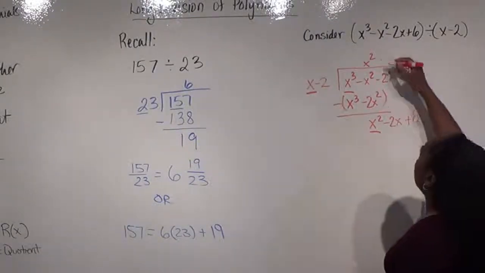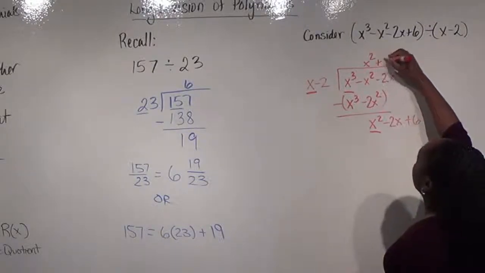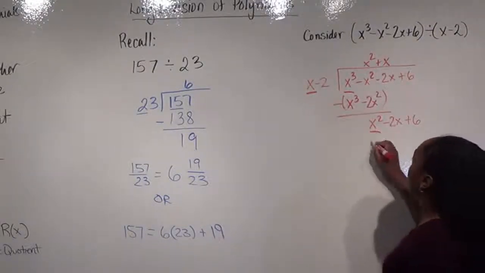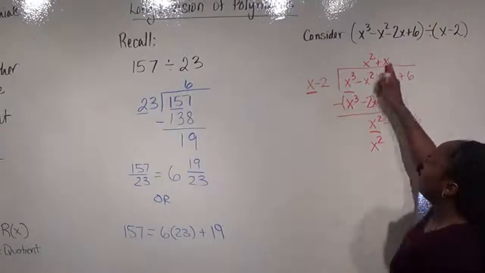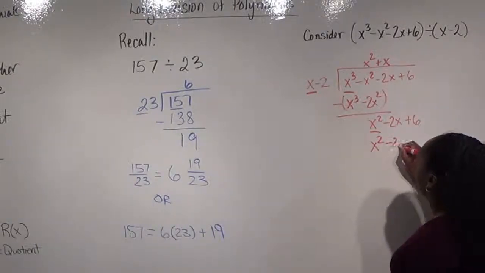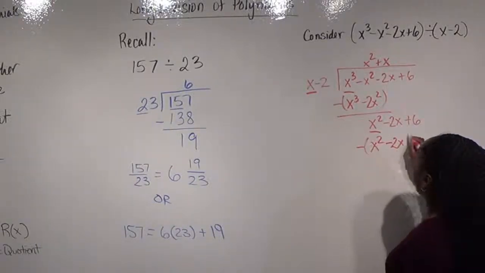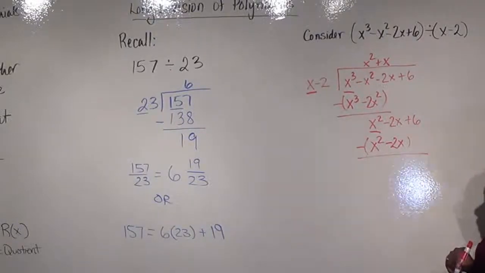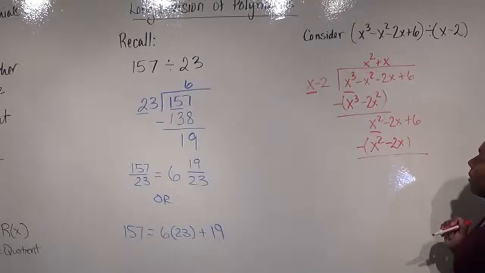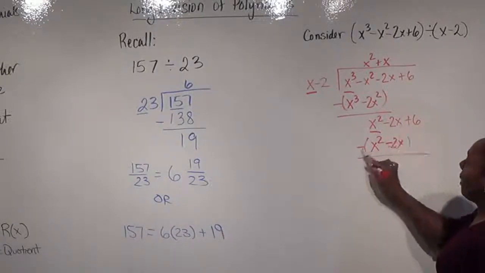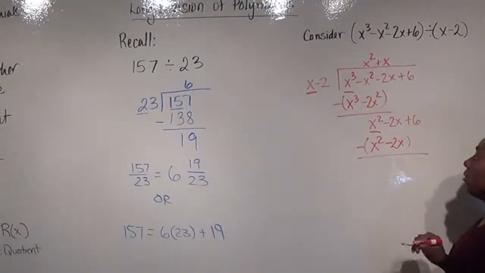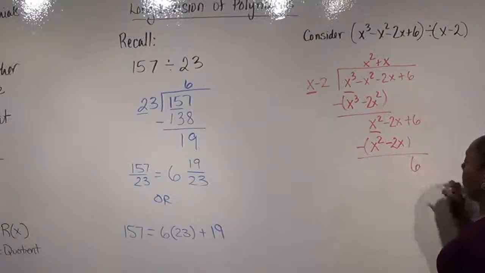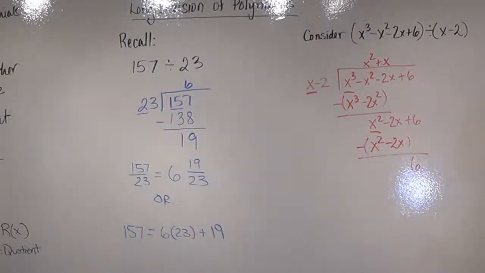And so we can see we're going to need a positive x to get an x squared there. Same thing, I'm going to multiply it all the way through. And then subtract. So my x squareds will cancel. Negative 2x plus 2x, those cancel out. So I'm just left with 6. Okay.